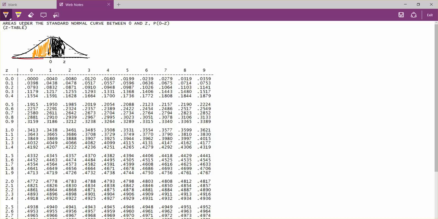So I'm going to look up 0.6, and it's 0.60. So I would go down to 0.6 and then across to the 0, the second decimal. And so I get 22.57%.